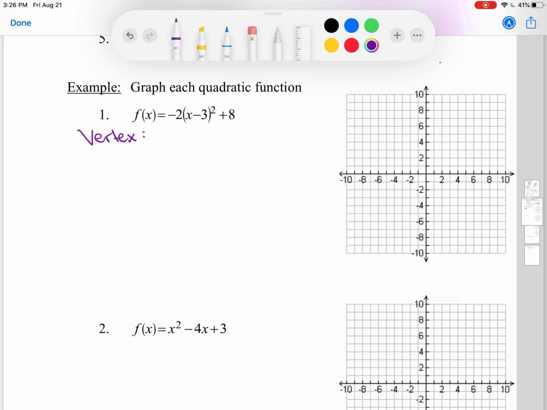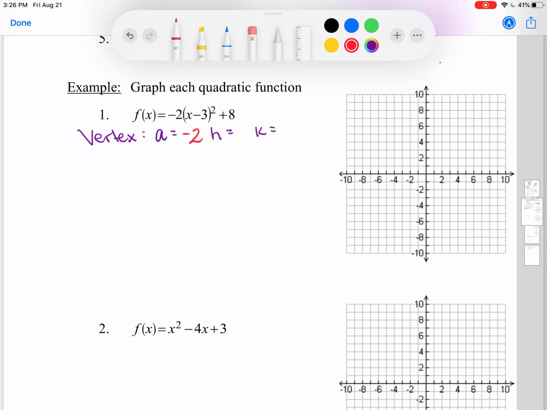Now, what's special about vertex form, again, you can slide up to page 1 if you would like to review it. Vertex form has 3 distinct letters that go with it. We have A, H, and K. Now, I want to label what those values are because, again, they will help us as we go through those 5 steps. So our A value, if we match it with vertex form from page 1, is the value out front of those sets of parentheses, and we will label it as -2.